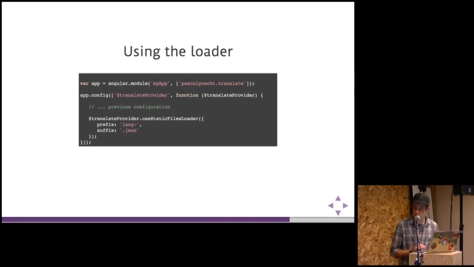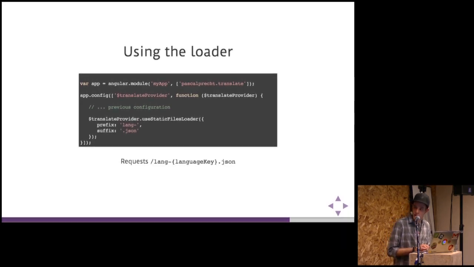And all you have to do is define this pattern I was talking about. So you have to define a prefix and a suffix. And then the static files loader makes a request when it's needed. It makes a request to a server with the endpoint you set. So the request would actually look like this. It puts the used language key between the prefix and the suffix. And this is the request it does.